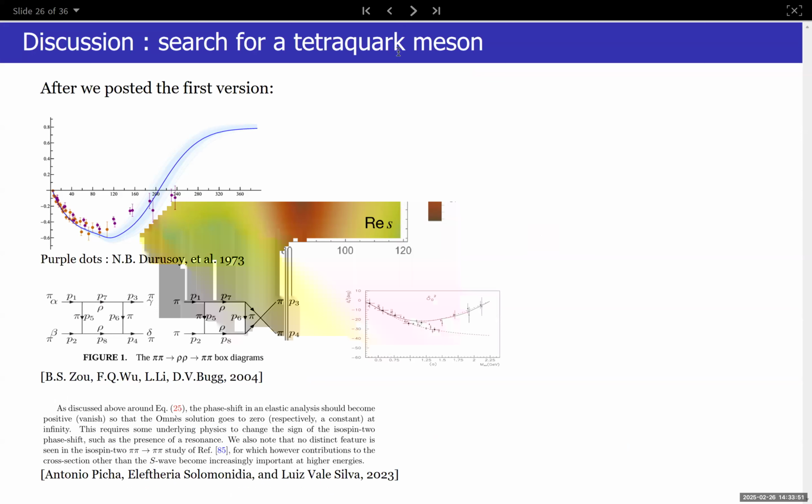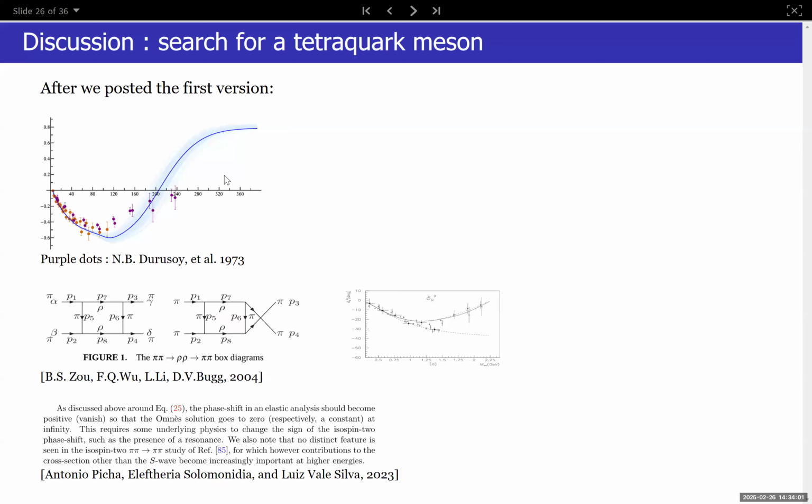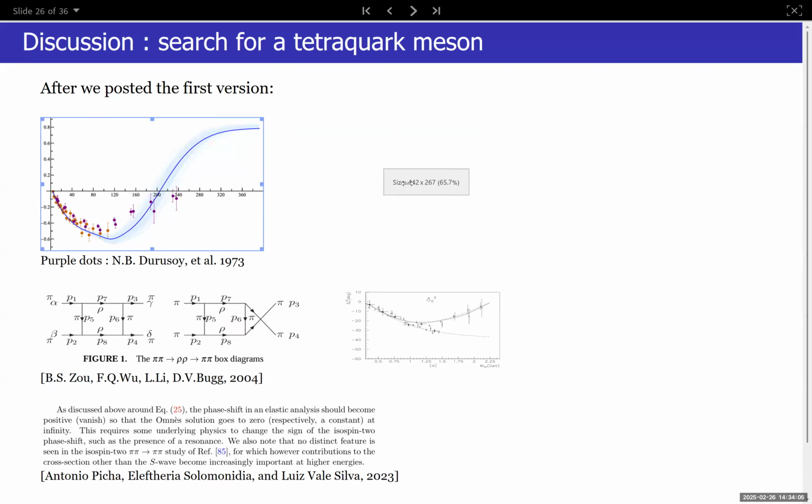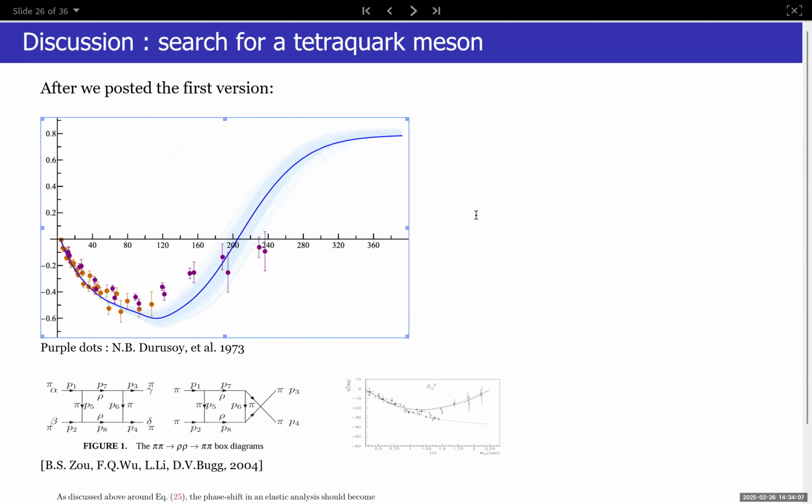In the last 1 minute, let me tell you an interesting thing. After we posted our paper, someone told us that this guy analyzed isospin 2 data at slightly larger energy.